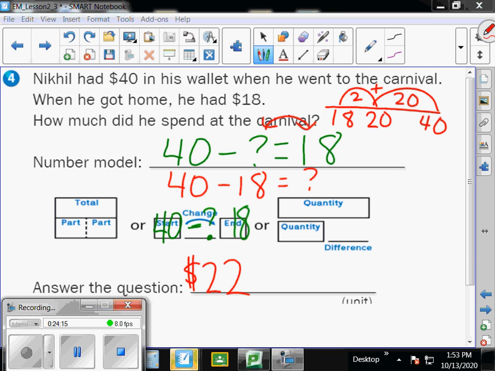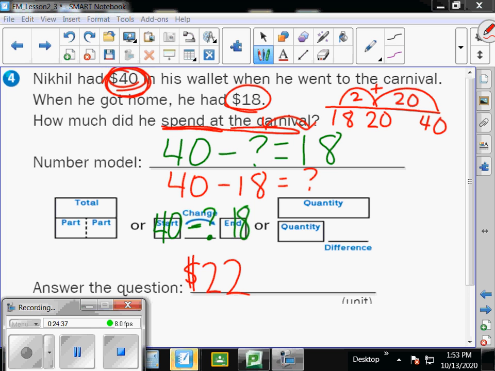All right, now again, to see if this makes sense, if I would have accidentally added instead of subtracted, I just thought, well, I see a 40, I see an 18, I'm just going to add those numbers together. Well, my answer would have been 68. Does it make sense that he spent $68 at the carnival when he only started with 40?